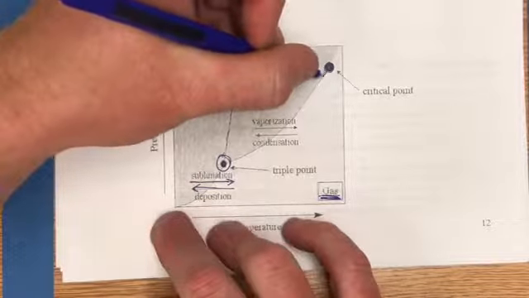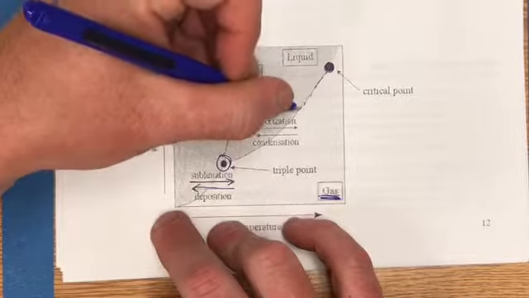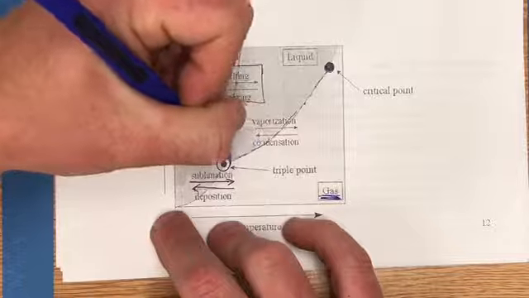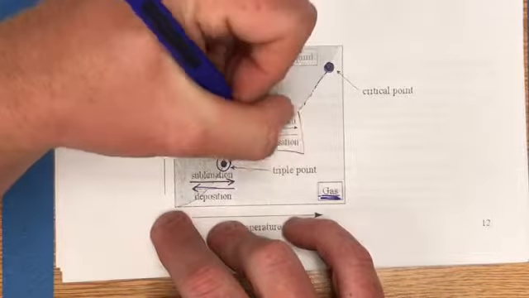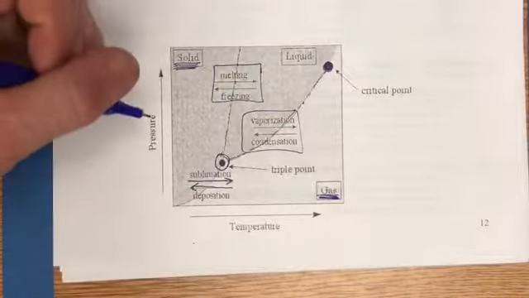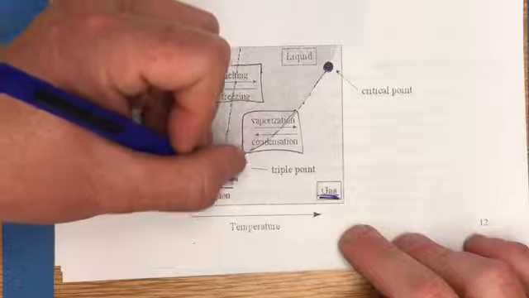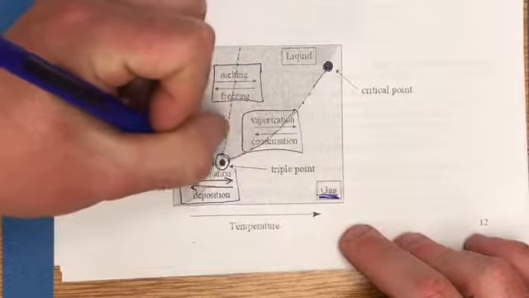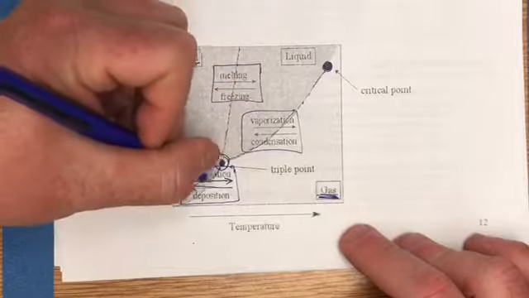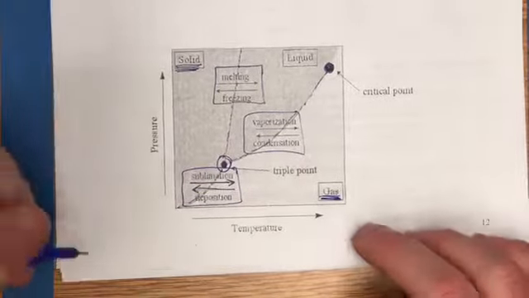And then we have our vaporization and condensation phase change line right here. And then down here, of course, we have our sublimation and deposition phase change line.